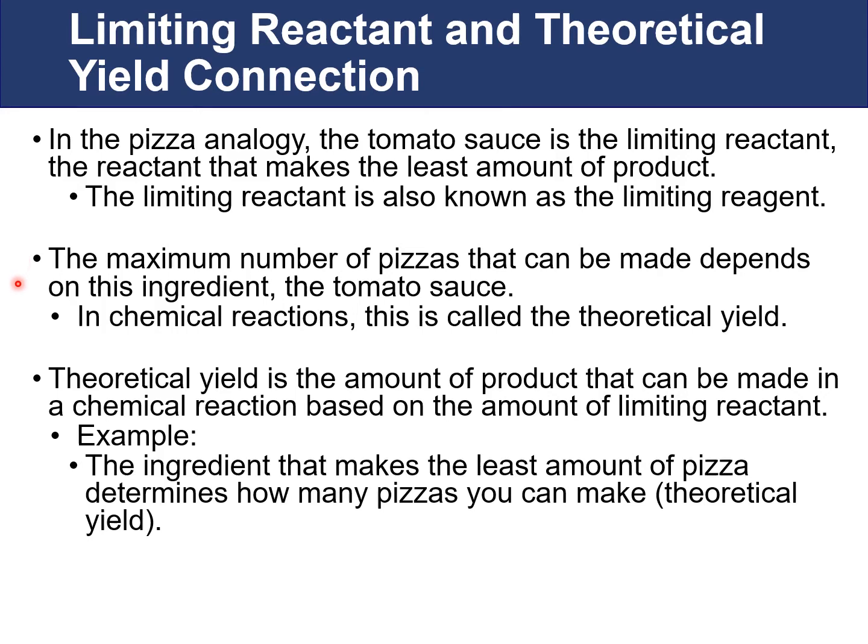That maximum number is called the theoretical yield. In chemical reactions, the maximum amount of product that you can produce is called the theoretical yield. The theoretical yield is the amount of product that can be made in a chemical reaction based on the amount of limiting reactant or reagent. So in the example, the ingredient that makes the least amount of pizza determines how many pizzas in theory you could make.